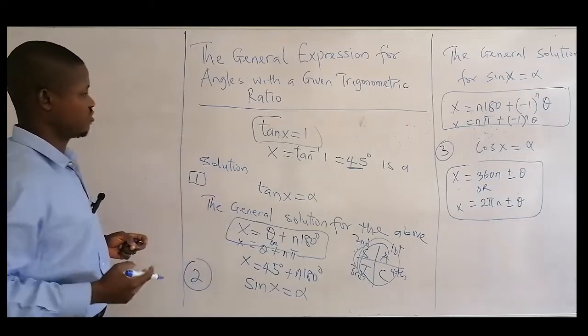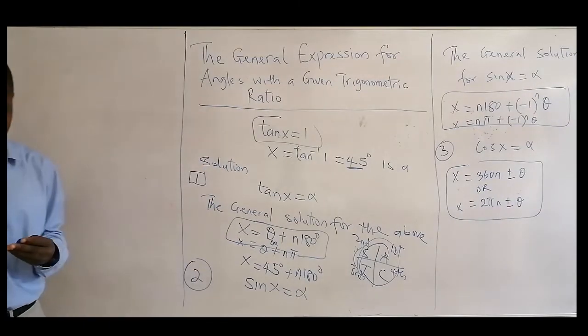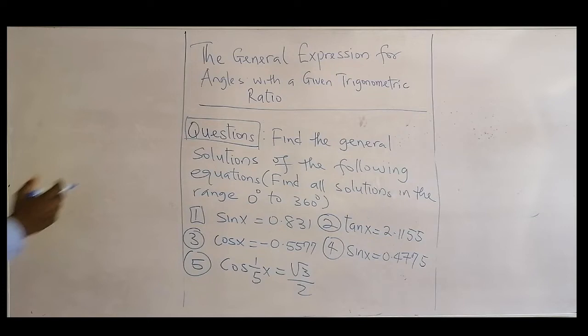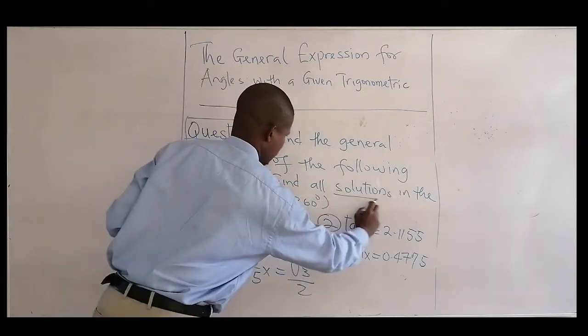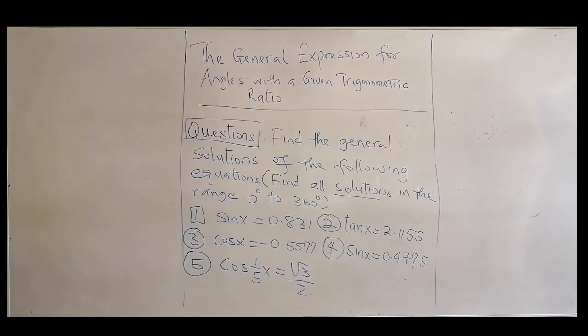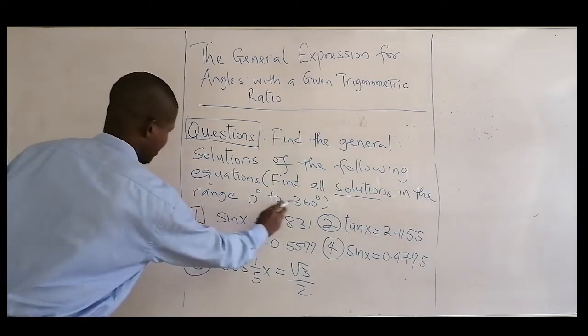Let's play with questions so that we can understand better. Look at the questions we have on the screen. We should find the general solution, and find all solutions in the range between 0 and 360.